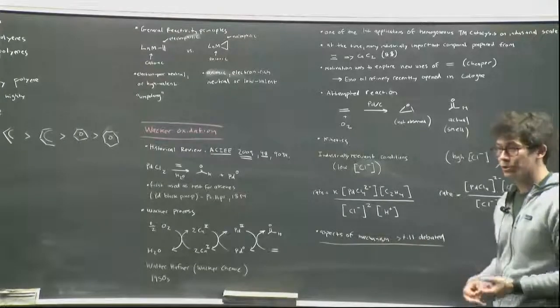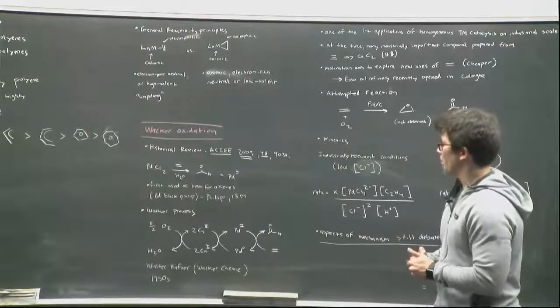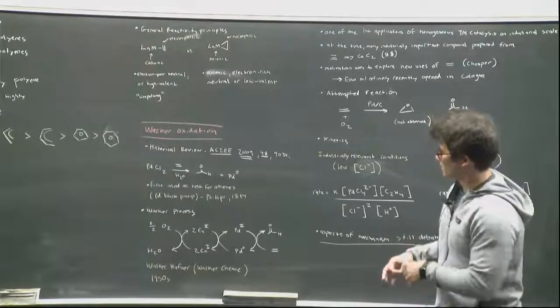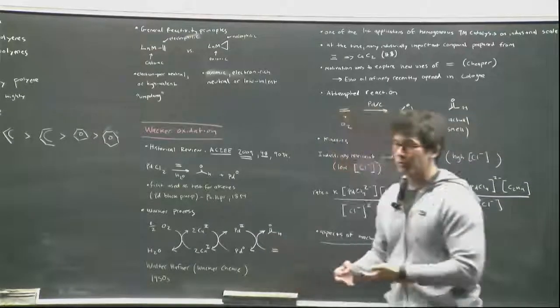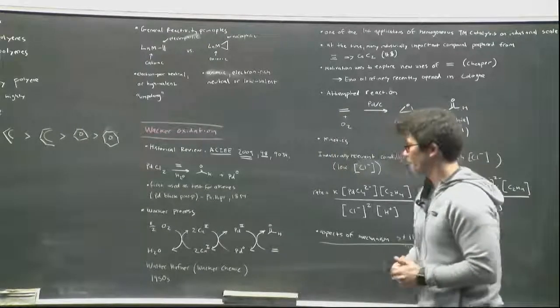Remember, analytical technology was not then what it is now, so this was actually used as an indicator for characterizing whether you had an alkene in your compound of interest.